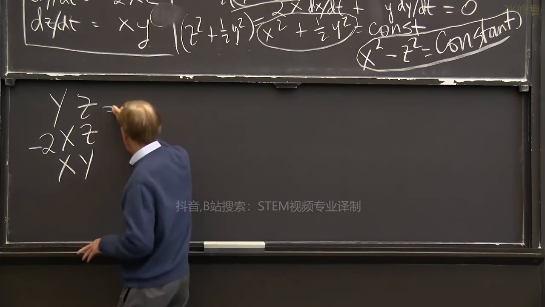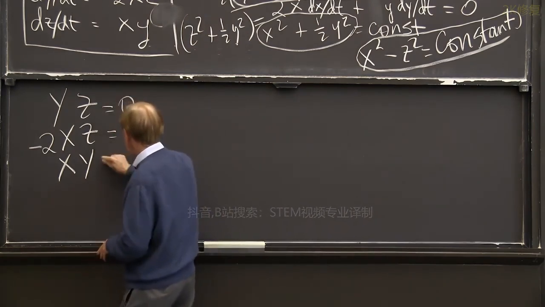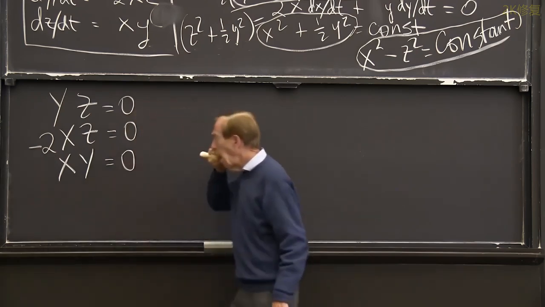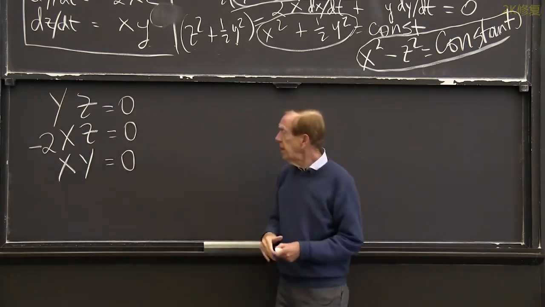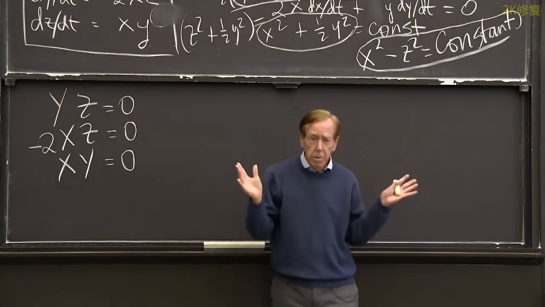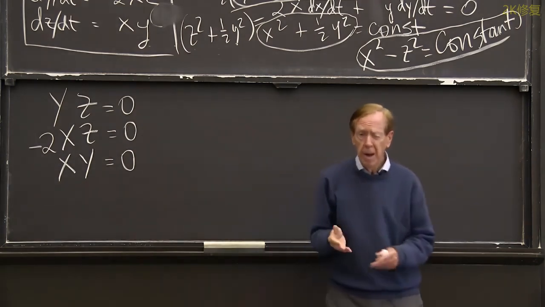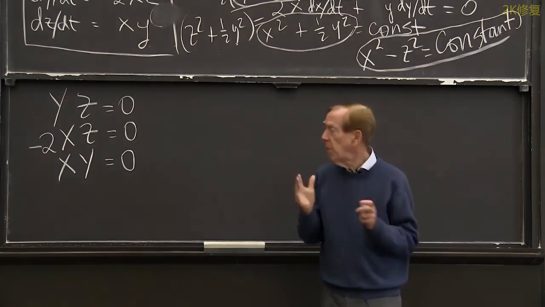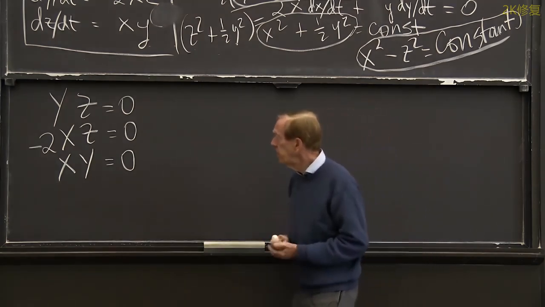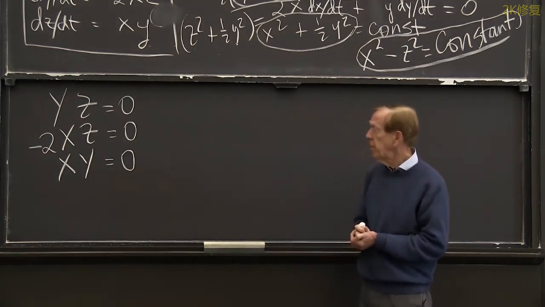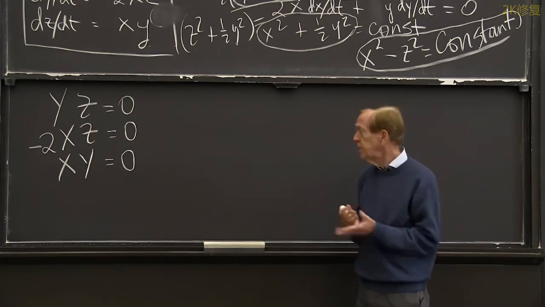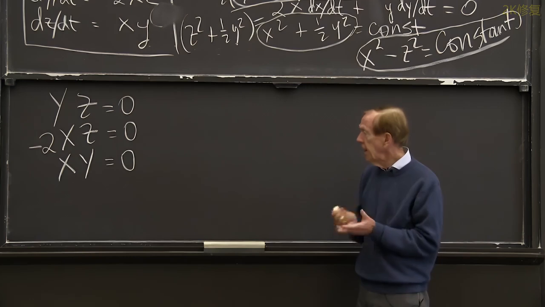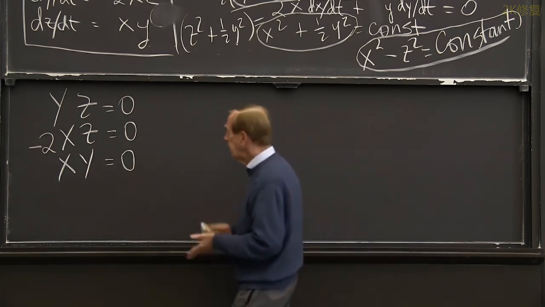So I'm looking for points where nothing's happening. If those three right-hand sides of the equation are 0, I'm not going to move. X, Y, Z will stay where they are. So can you see solutions of those three equations? Well, they're pretty special equations.